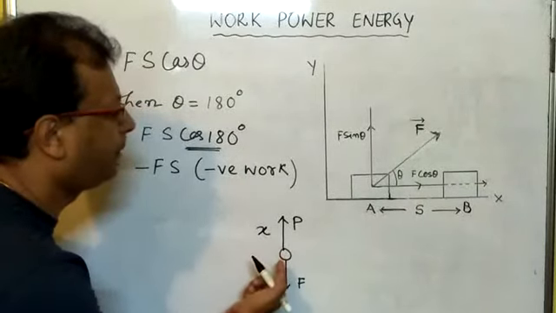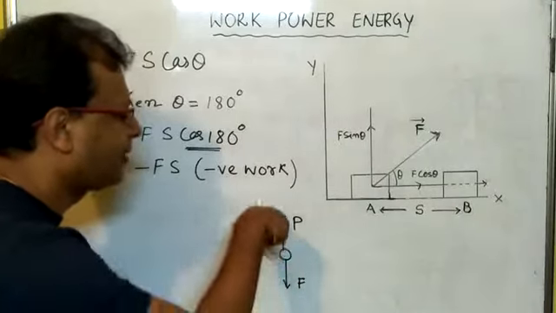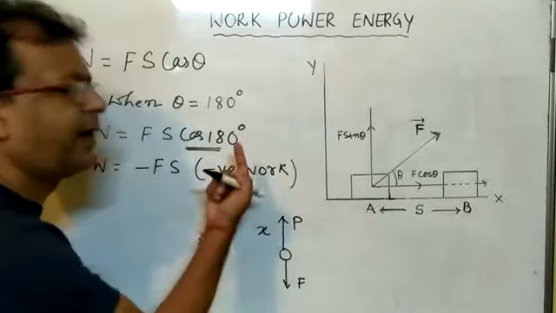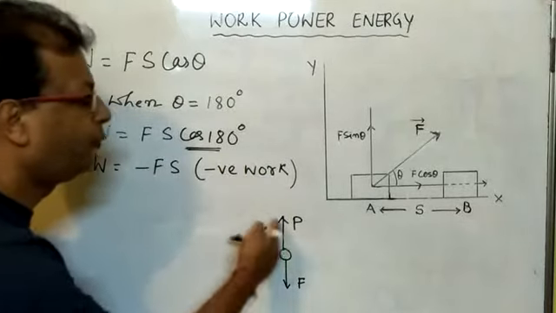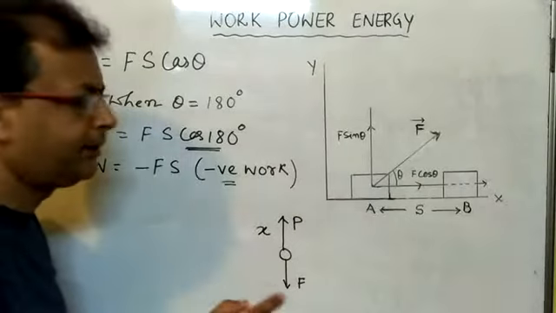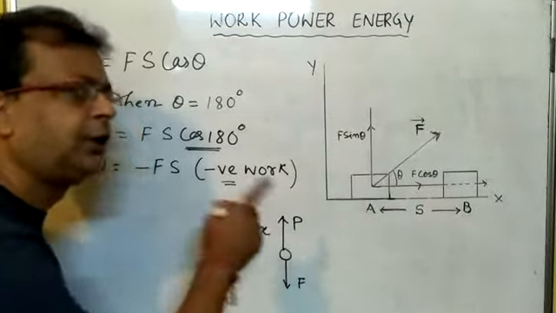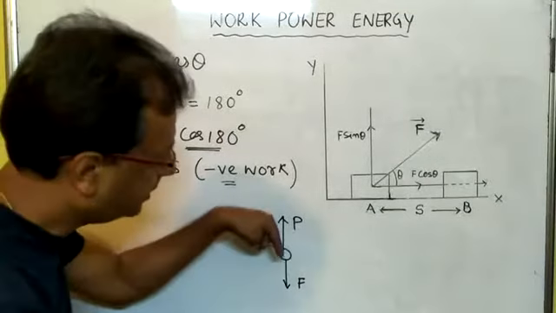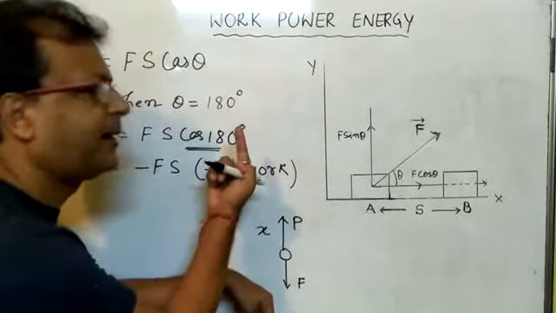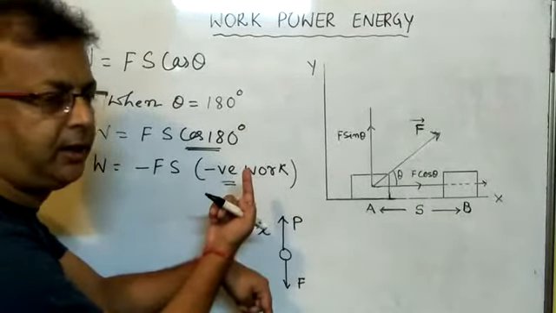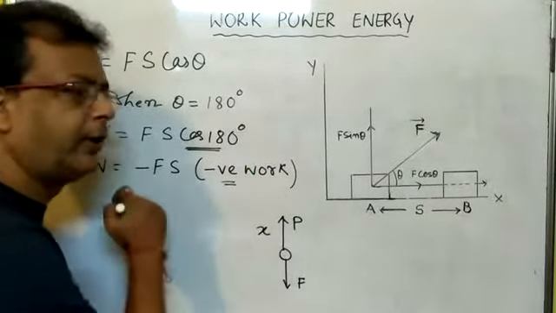Gravitational force is in the downward direction, displacement upward. So, with gravitational force, the work done is negative. And with applied force, the work done is positive. Gravitational force, downward direction. Displacement, upward direction. Angle between them is 180 degree. That is an example of negative work.